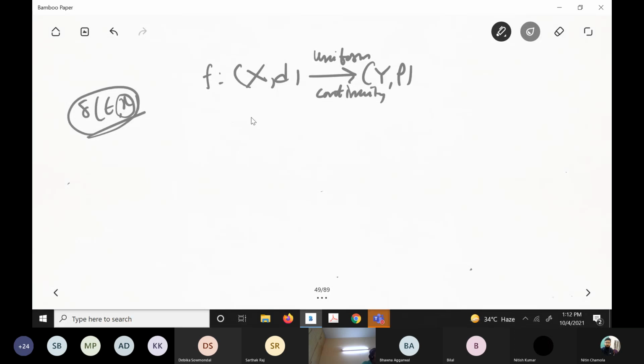It's a global concept. That means given epsilon greater than 0, there exists delta greater than 0.